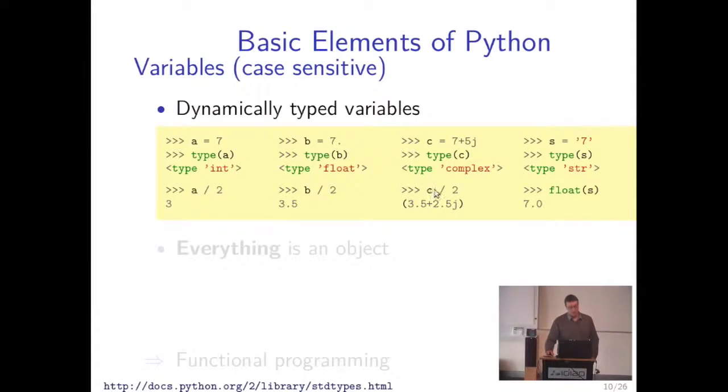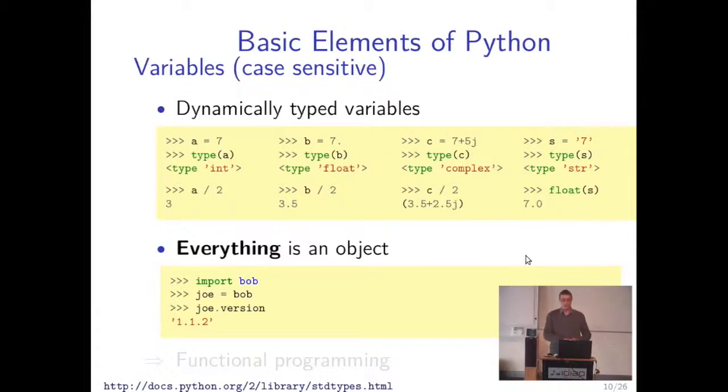And if you use the division operator on this string, then you will get an exception again. But to convert this string into a number, there are so-called coercion functions, which just take the string, and this is called float. So you will create a float out of a string. Okay.